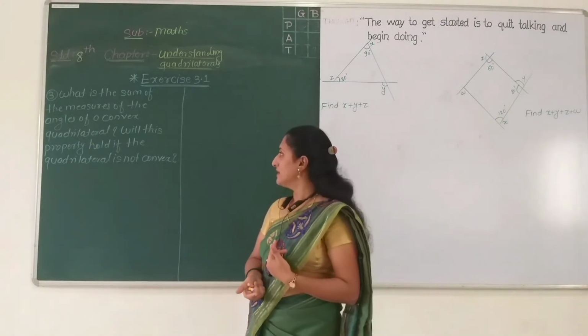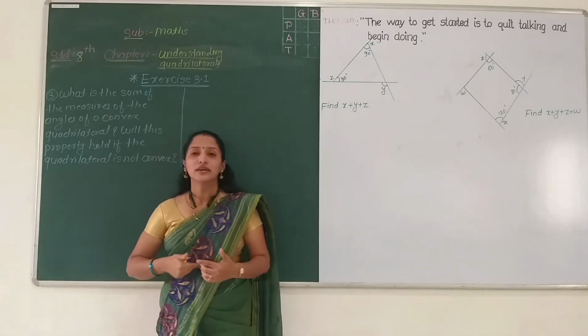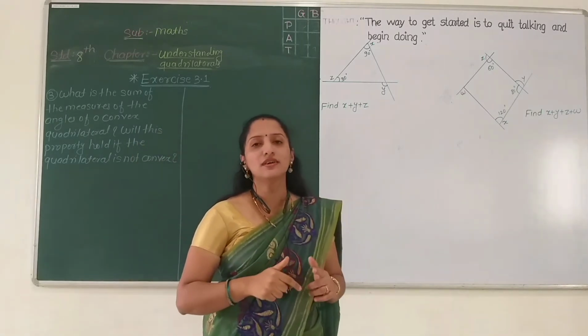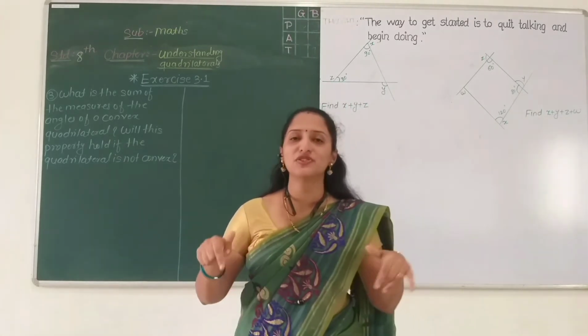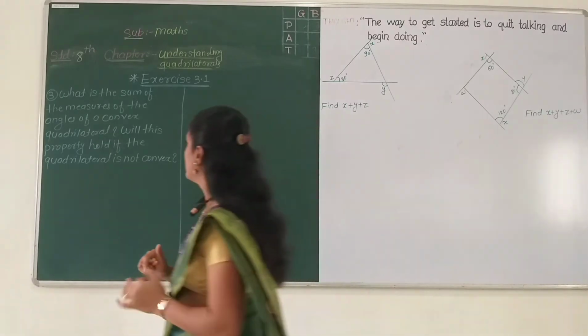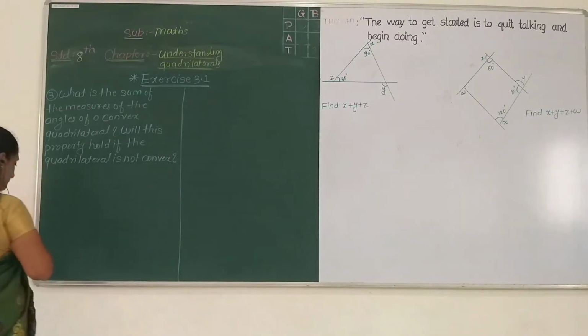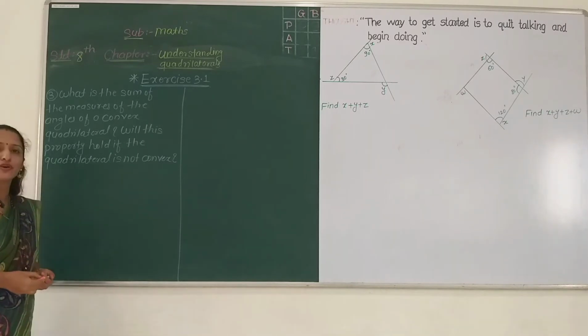So if our polygon is convex, then we want to calculate the sum of the measures of all angles of that convex polygon. Let's draw a convex polygon. What is meant by a convex polygon?